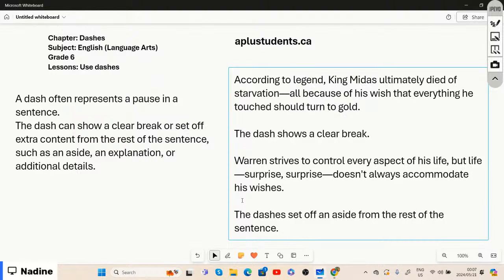A dash often represents a pause within a sentence. So yes, usually we'll have a comma as a pause, right?